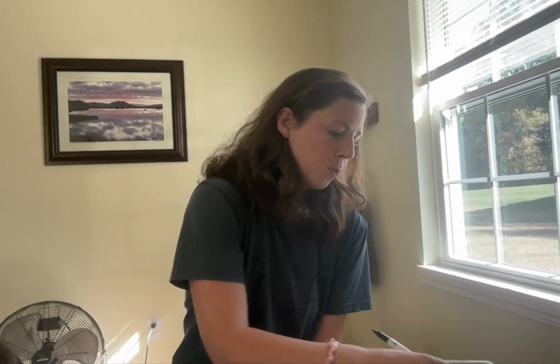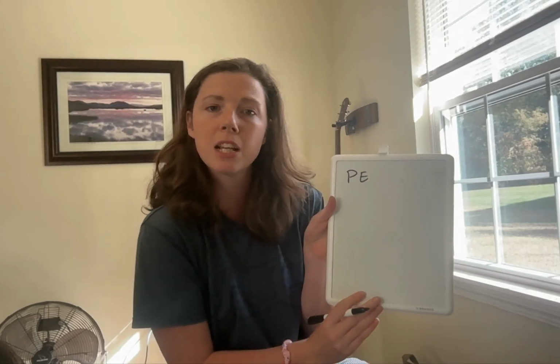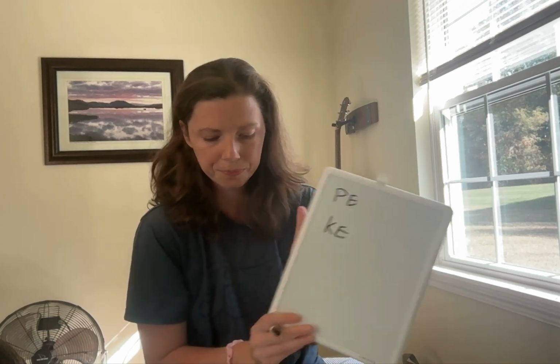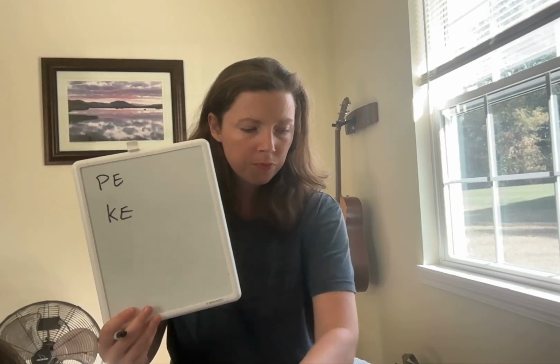And when we think about energy, we need to think about it in two different ways. We have what's called potential energy, which is abbreviated PE, and then we also have kinetic energy. So what is energy?